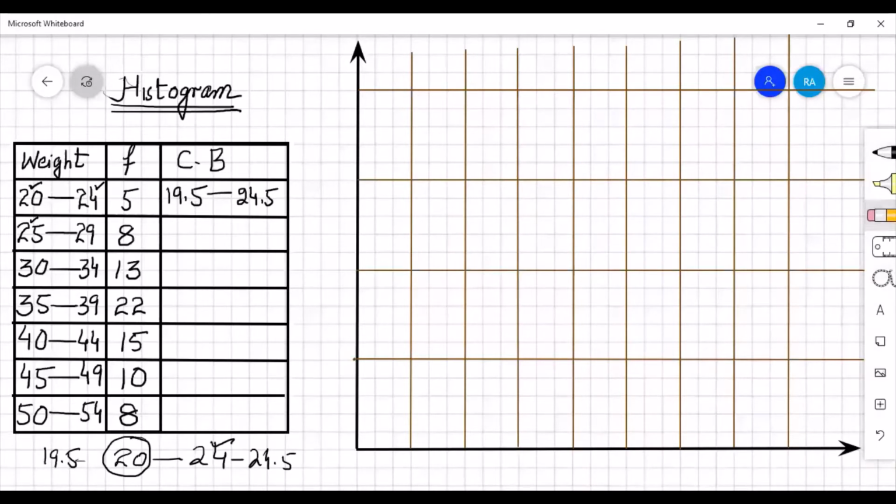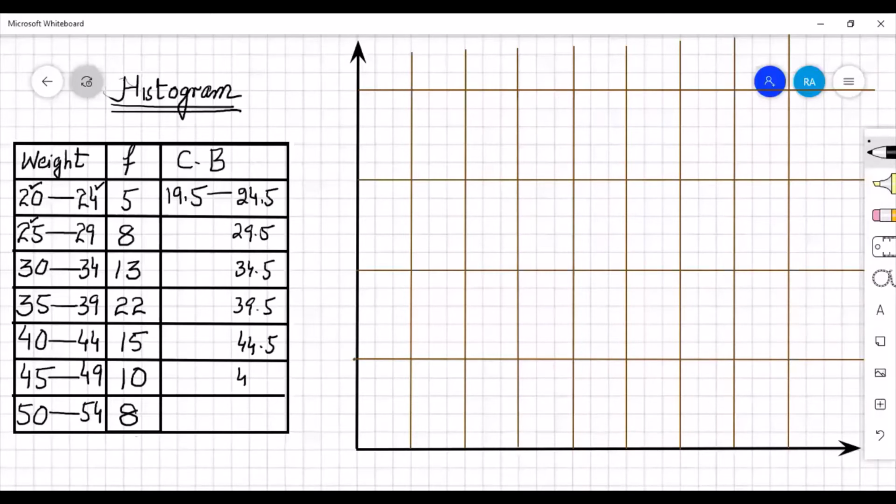Now dear students, we move towards the further class boundaries. Here 29.5, and this will be 34.5, 39.5, 44.5, 49.5, 54.5.